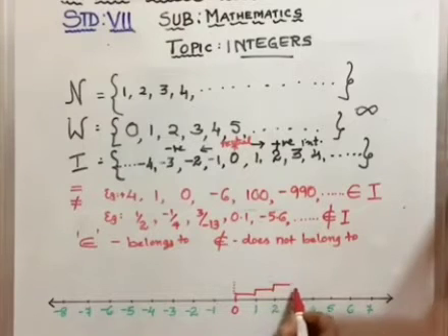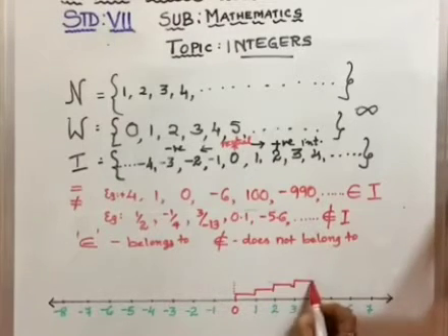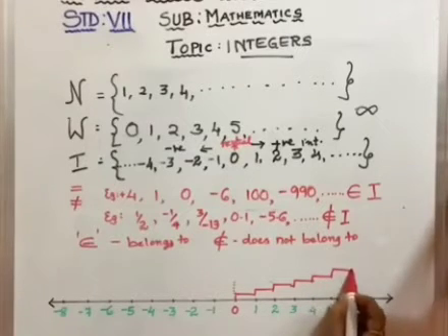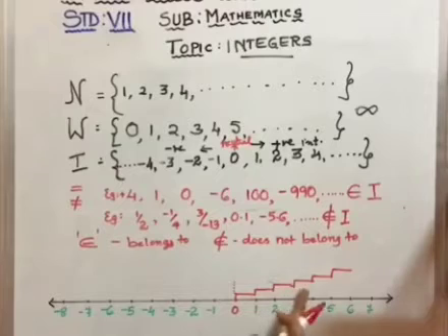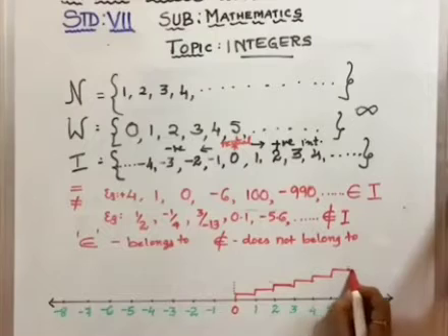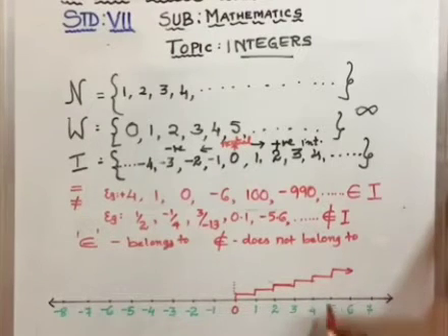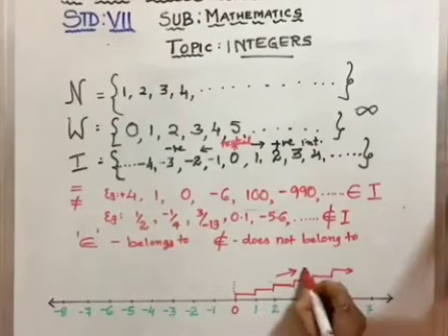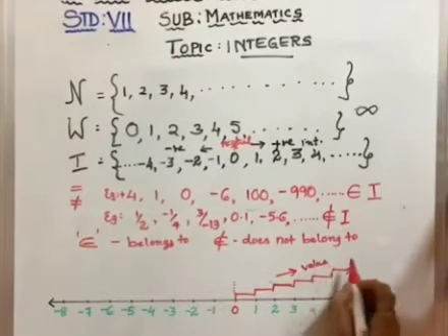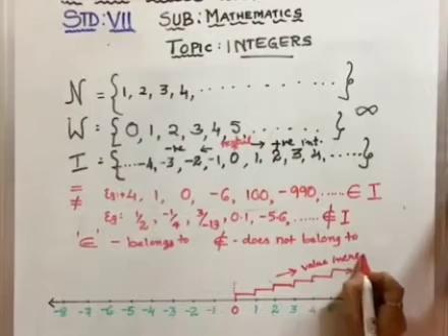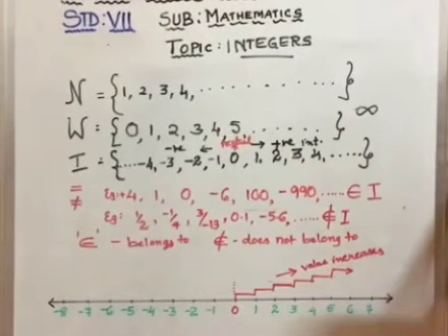If you want, you can, or if you don't want, you don't have to. What have I done here? I am showing as if we are climbing steps, ascending steps. It means that as you move away from 0 towards your right, the value increases. Please make a note. Value increases. On the other hand, on your negative side, as we are moving away from 0 farther and farther, see what happens.